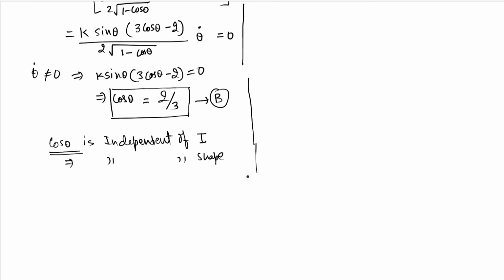Okay, now the velocity is nothing but k root of 1 minus cos theta.